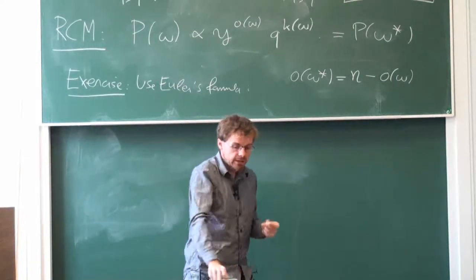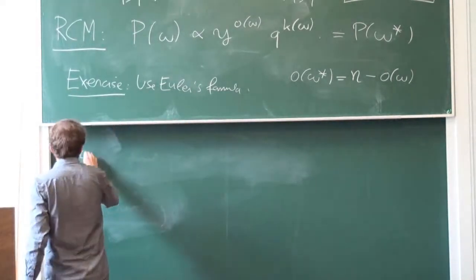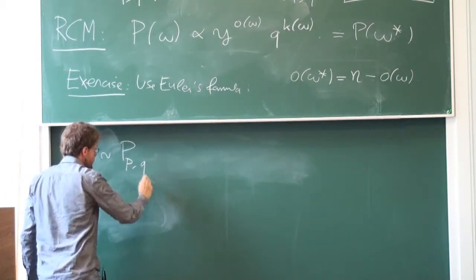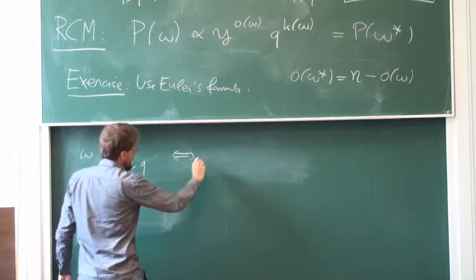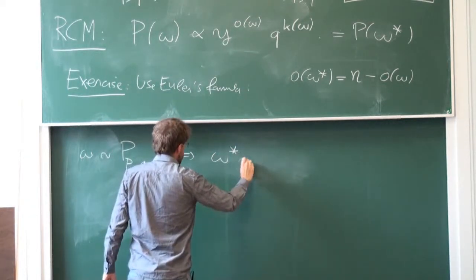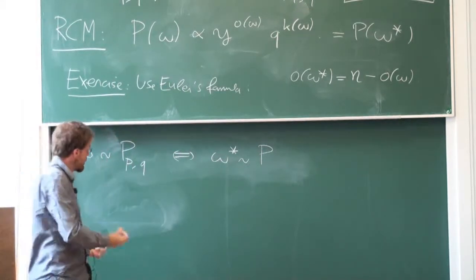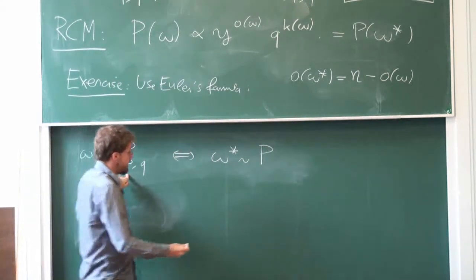So if omega is distributed according to the random cluster model with parameters p and q, then omega star is distributed according to a measure which turns out to be also a random cluster model, but it has parameter p star.